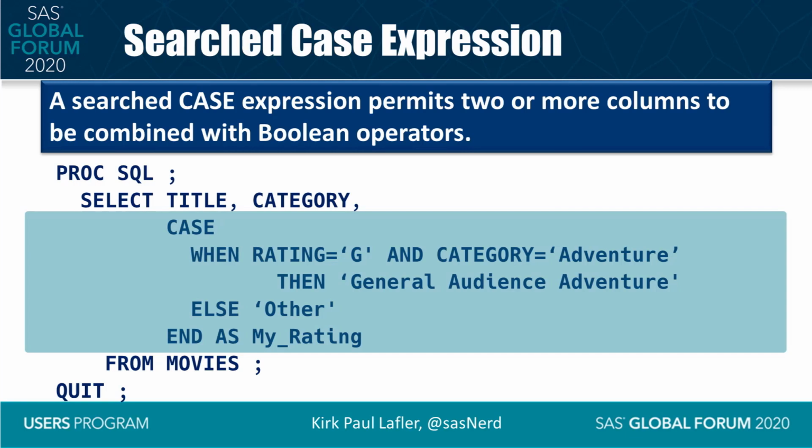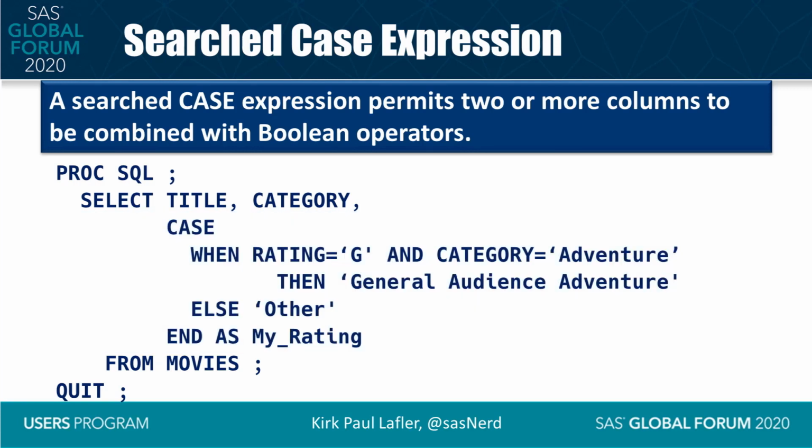So it gives us the ability to create compound conditions using logical operators as well as comparison operators. So search case expressions are more robust, more powerful, and give us all the ingredients to be able to construct our logic scenarios intelligently.